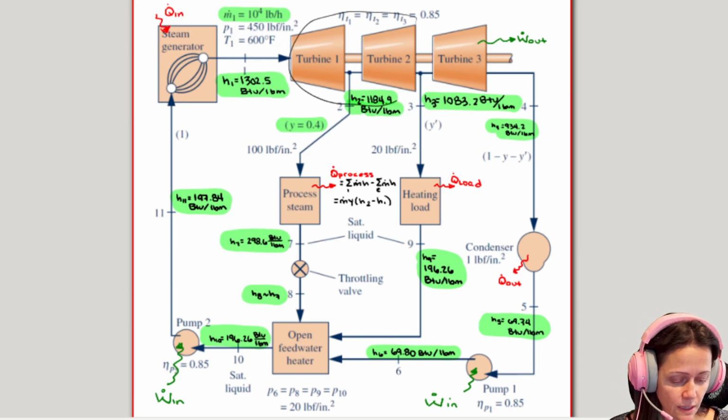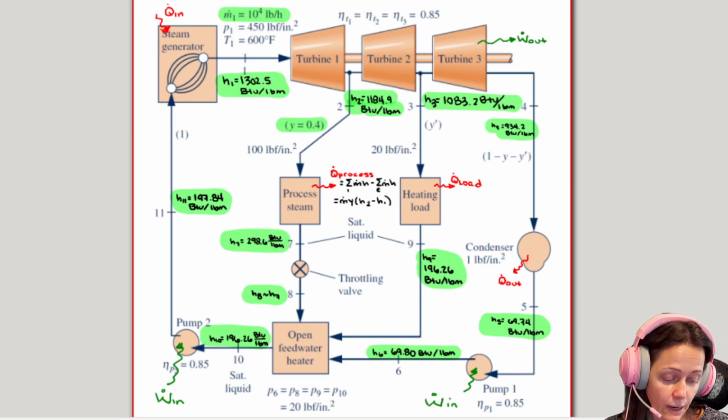So I could say that both of those have an isentropic efficiency of 1, and this one has a different isentropic efficiency. That would be something I might do on an exam.